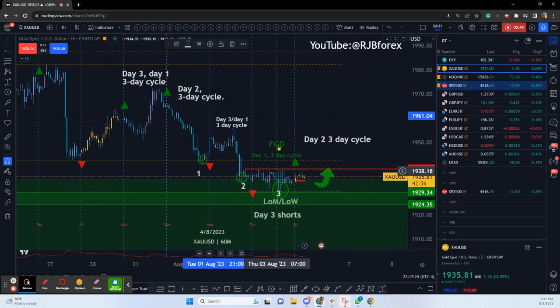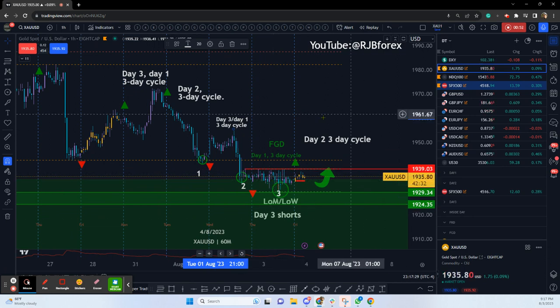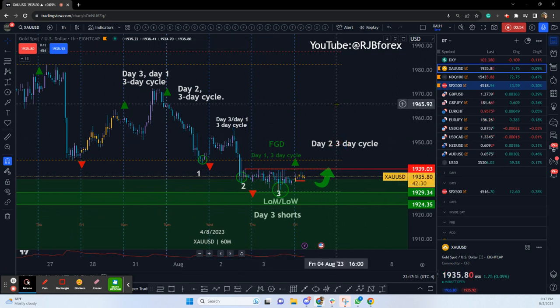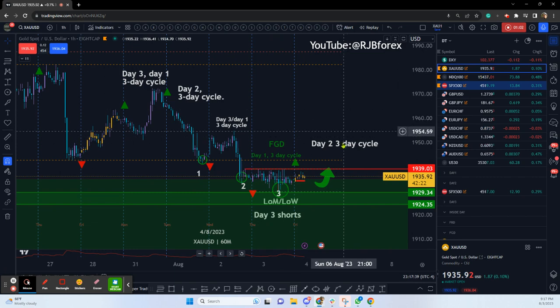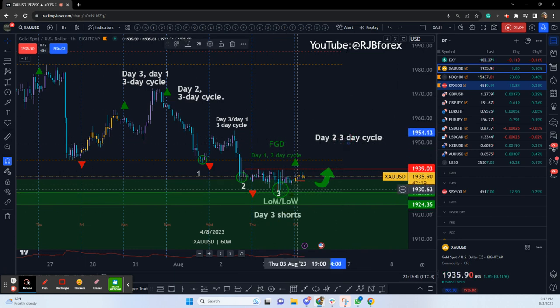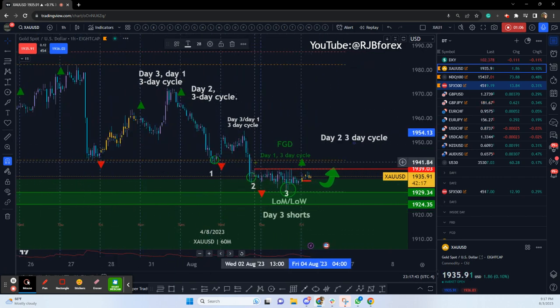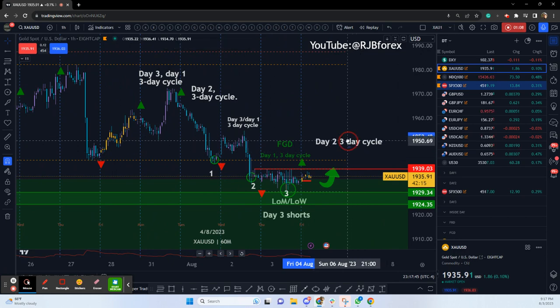This was day 2, but because of the bullish close, this is now day 1, and tomorrow is day 2. Day 2 of the 3-day cycle, if this is indeed failing, then we'd expect this to continue higher. This is failing on the breakout to the downside. It's at support, so we're in anticipation of a move up.